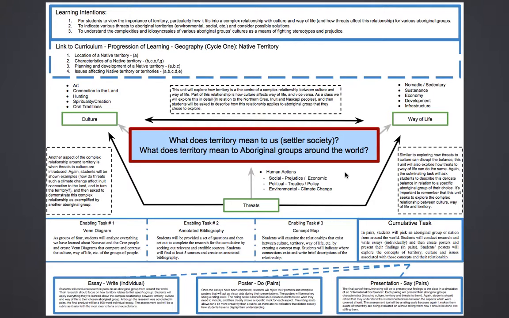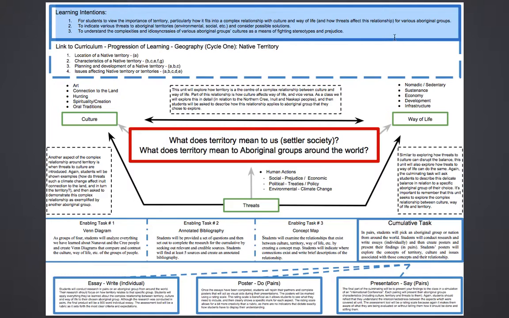By asking this question and exploring it, these are the learning intentions that I'm hoping students will take away. The first is for students to view the importance of territory, particularly how it fits into a complex relationship with culture and way of life, and how threats can affect this relationship for various Aboriginal groups. The second learning intention is for students to indicate various threats to Aboriginal territories, either environmental, social, political, things like that, and consider possible solutions to those threats.